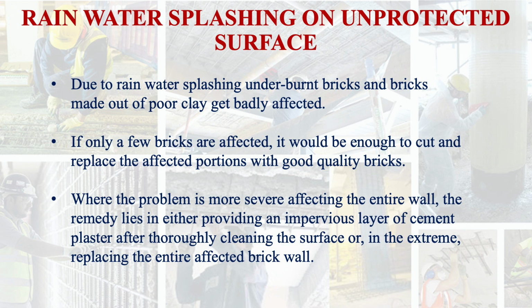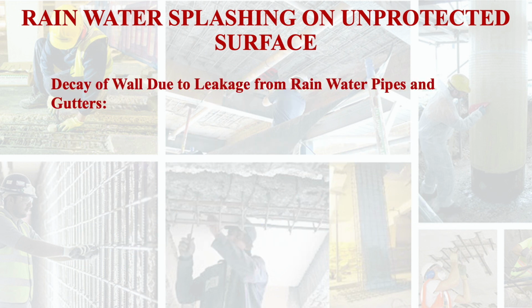Where the problem is more severe, affecting the entire wall, the remedy lies in either providing an impervious layer of cement plaster after thoroughly cleaning the surface, or, in the extreme case, replacing the entire affected brick wall. Next is decay of wall due to leakage from rainwater pipes and gutters.